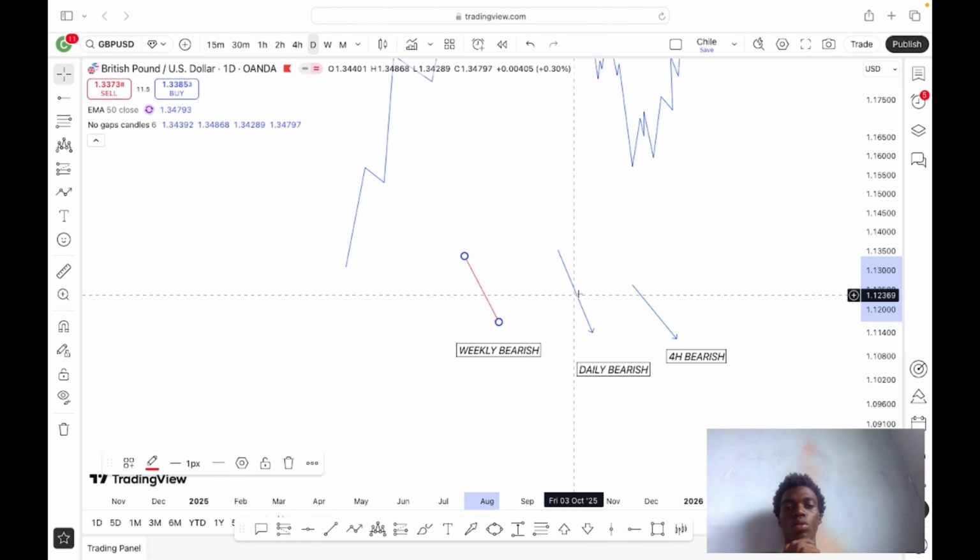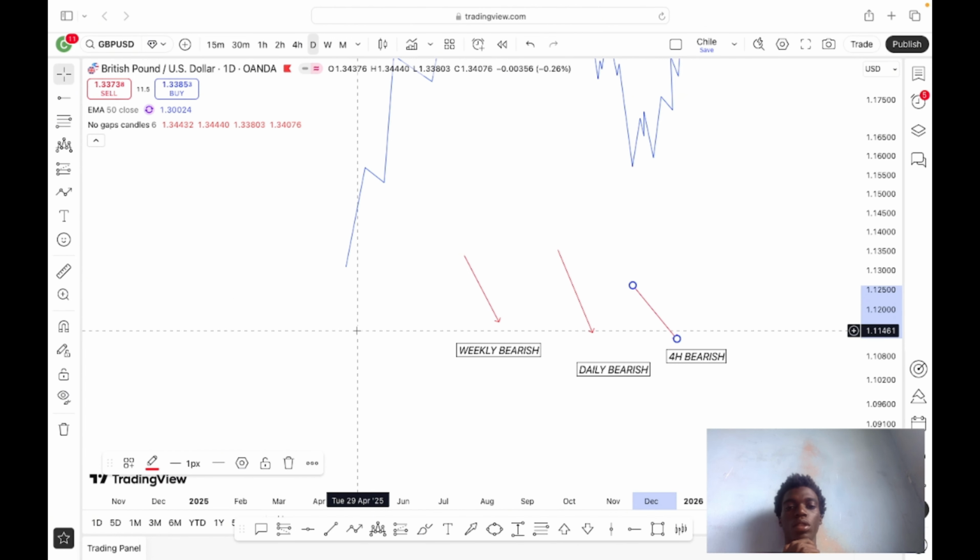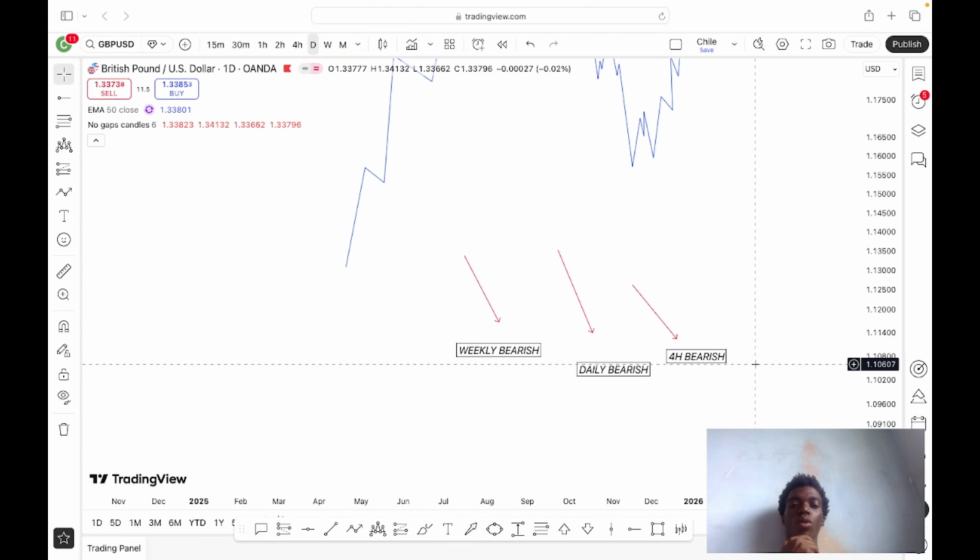We'll be looking to sell this currency pair. So we have identified the trend. It's trending down. 3 time frames are in sync.